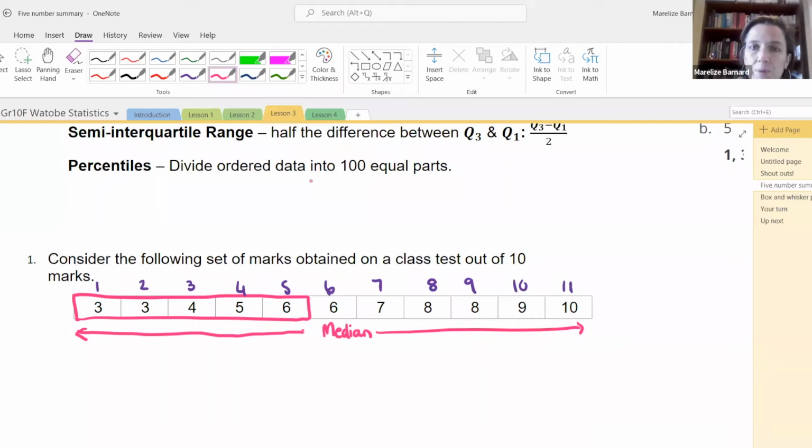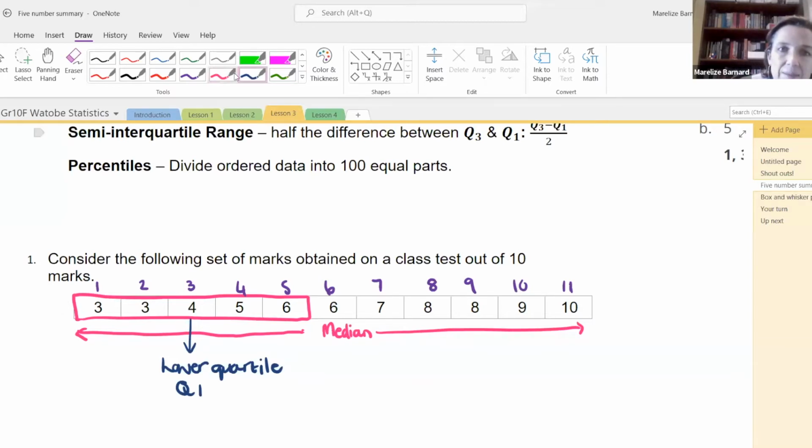Pop it in the chat for me again: what is the half of the lower end of the data? That's a 4. Well done. So this is going to be our lower quartile, or another word for the lower quartile is Q1.